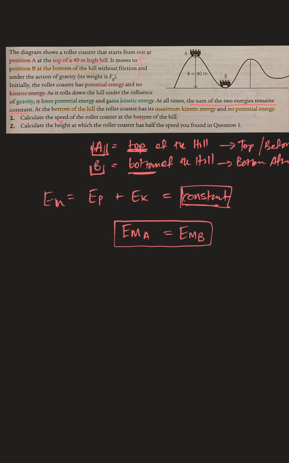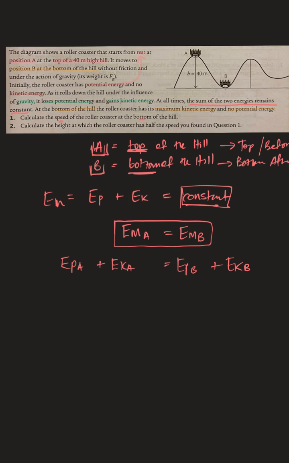Once that's done, I can expand this formula into EP of A plus EK of A must be equal to EP of B plus EK of B. I can further expand this equation.